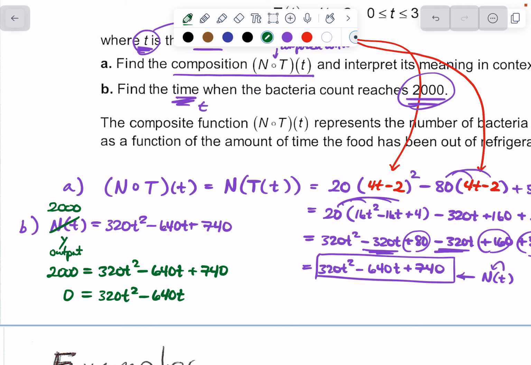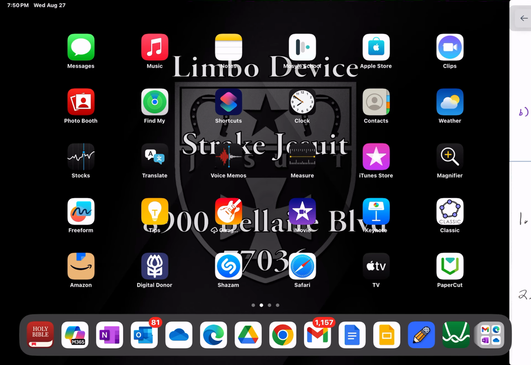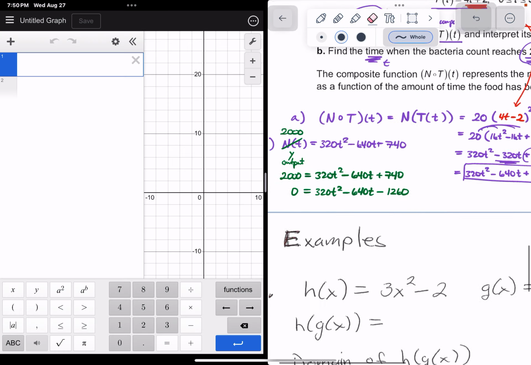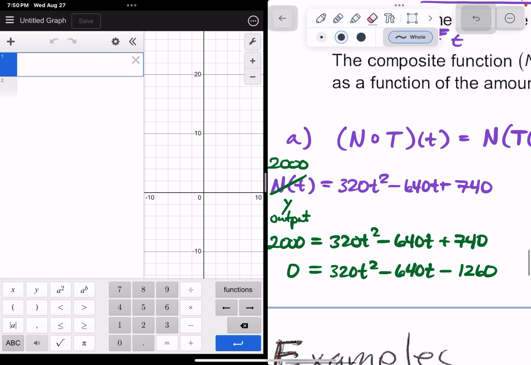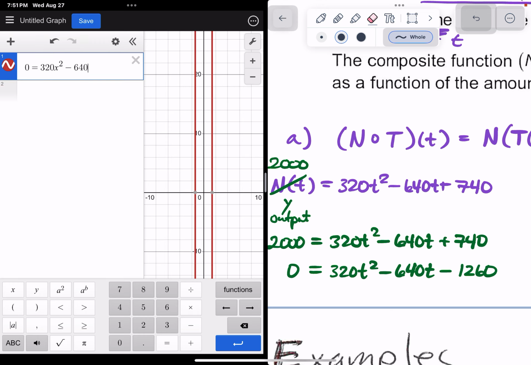So this should become minus 1,260. Gross. All right. But we can solve this. Now, since I'm using my iPad and I don't have a TI equivalent here, I'm going to have to do a little split screen action. So this is the function we want. 0 equals 320. I'm going to have to use x instead of t. That's okay. Minus 640x minus 1260.